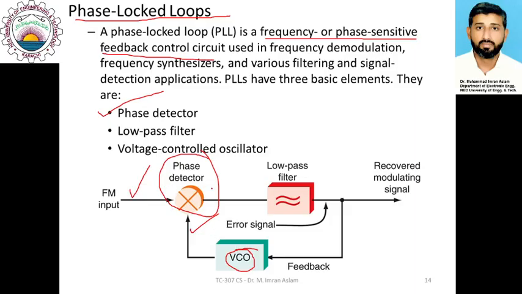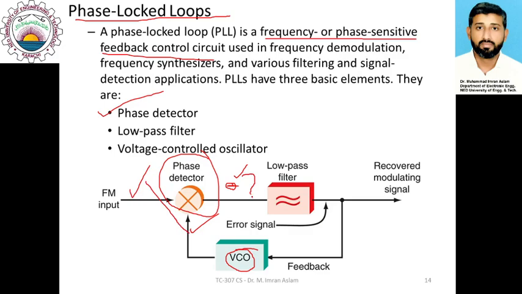So it will see if there is a phase difference between those two. If there is no phase difference, it will generate a zero signal here, but if there is some phase difference, it will generate a positive or negative signal depending on the phase difference between these two signals.